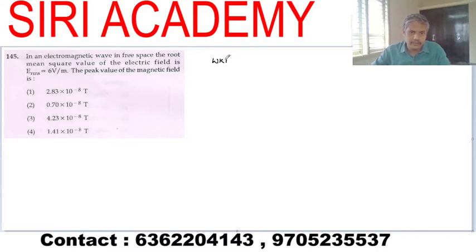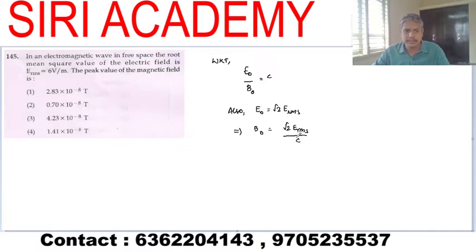So we know that E naught by B naught is equal to C. Also, E naught is equal to root 2 times E rms. So B naught is equal to root 2 times E rms by C. Substituting these values, you are going to get 2.83 into 10 power minus 8 Tesla. So option 1 is the correct answer.